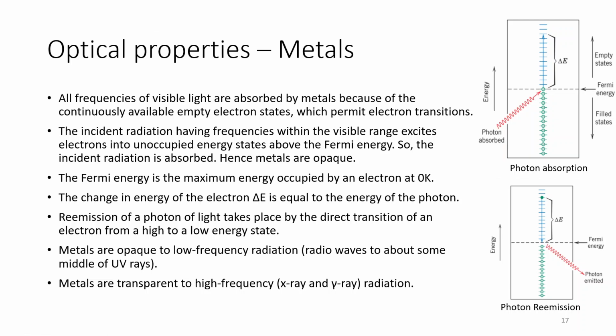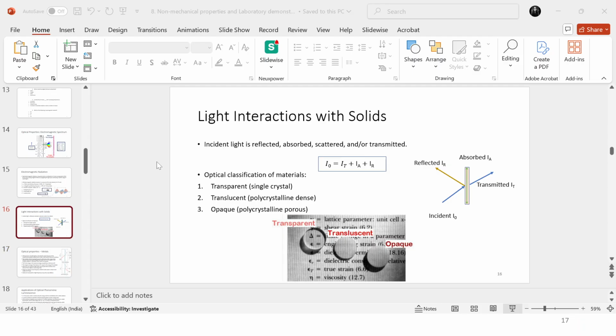All frequencies of visible light are absorbed by metals because of the continuously available empty electron states which permit electron transitions. The incident radiation having frequencies within the visible range excites electrons into unoccupied energy states above the Fermi energy. So the incident radiation is absorbed. Hence metals are opaque.